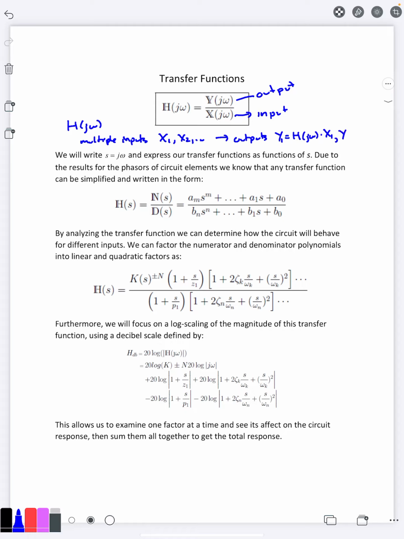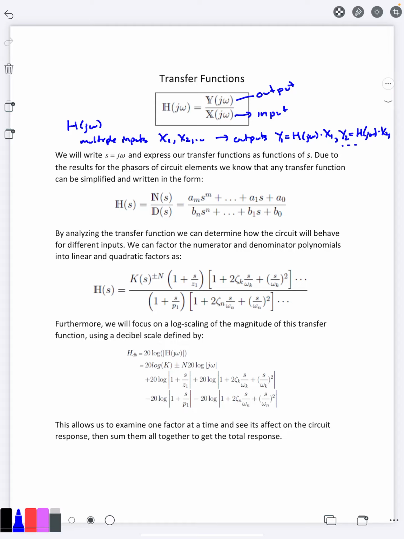You can do the same thing to find the second output, transfer function times the second input, and so on. So once you've done all the work to find the transfer function initially, you can then find the output for any given input by just a simple multiplication.